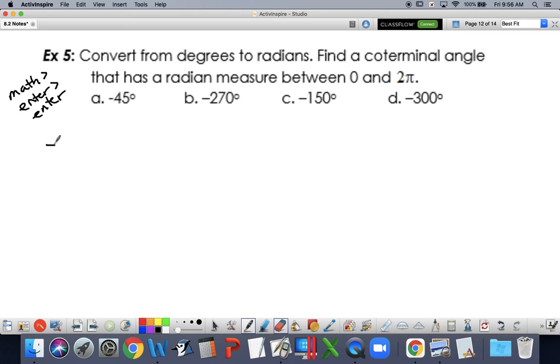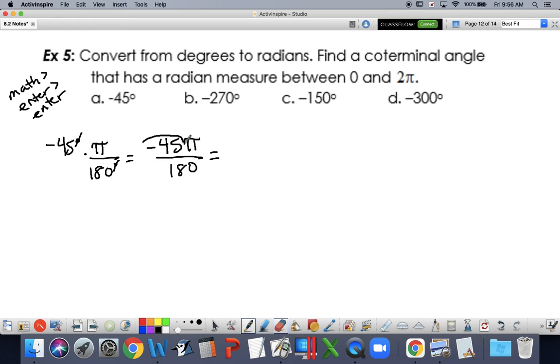So for letter A, I have negative 45 degrees. I need to multiply, in this case, by pi over 180 degrees. I'm going to flip my numerator and denominator from last time. Now that little degree symbol cancels out nicely. So I get negative 45 pi over 180 degrees. It's important to pick up the calculator and try it.